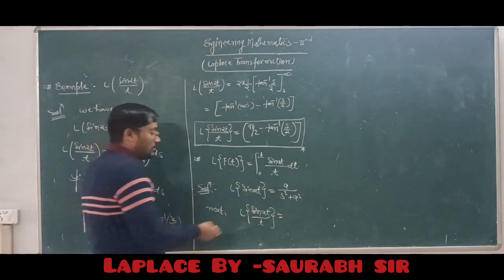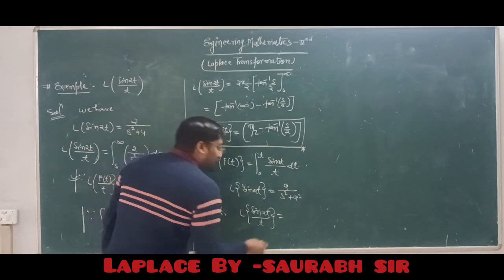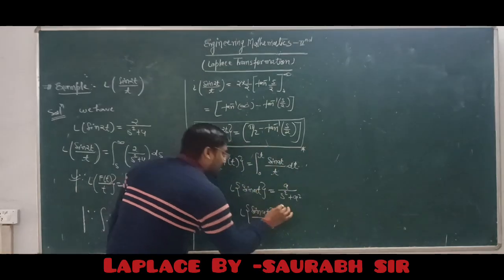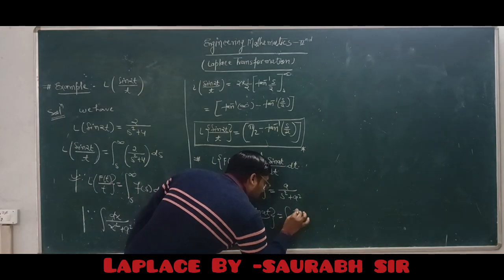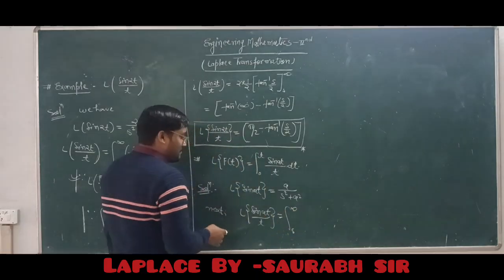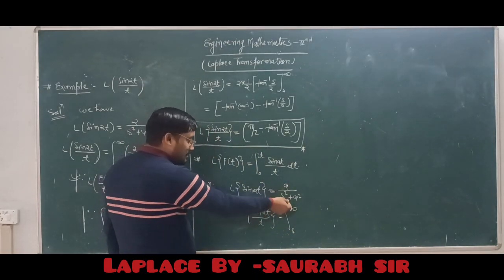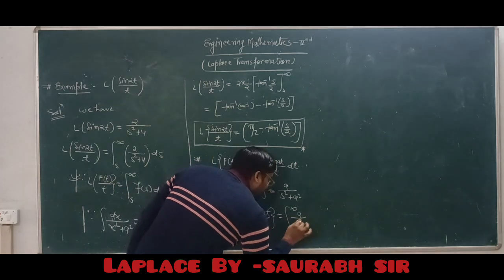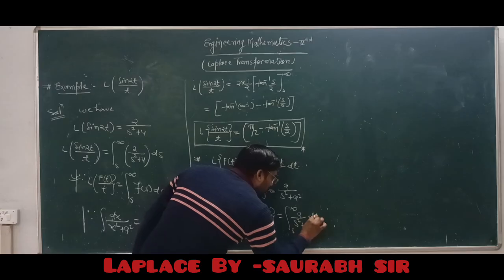Now write this. Integration s to infinite a upon s square plus a square into ds.